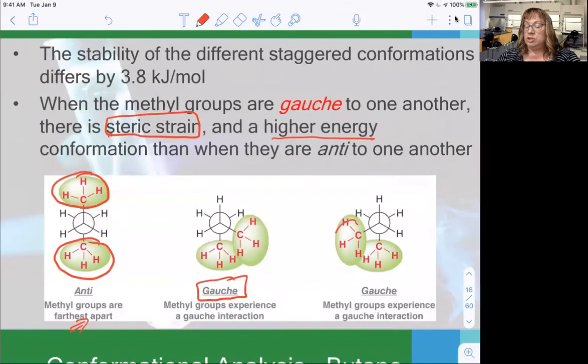So I have these two conformations that are staggered that have equivalent energy, and this would be the lowest energy because I have this anti-positioning between those methyl groups.